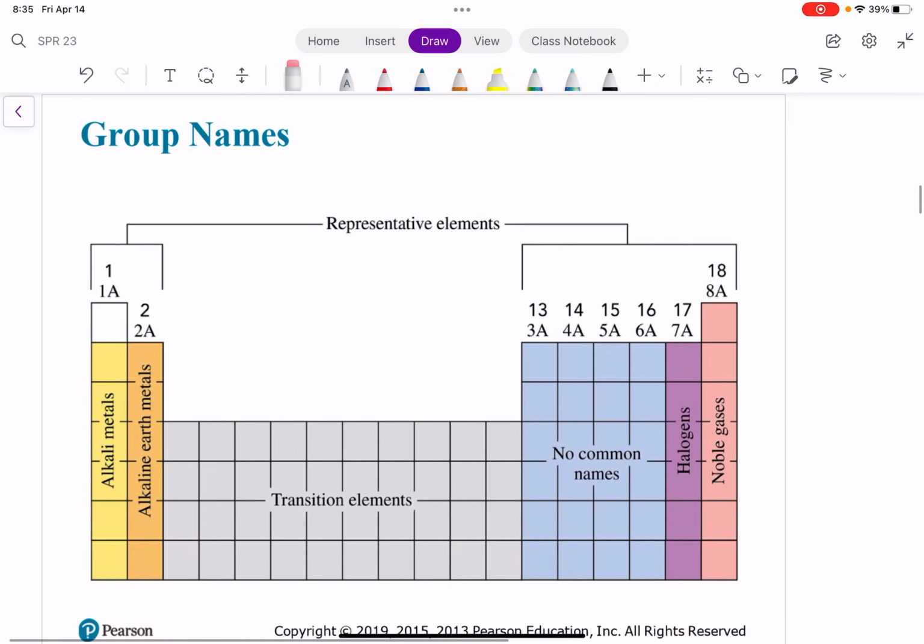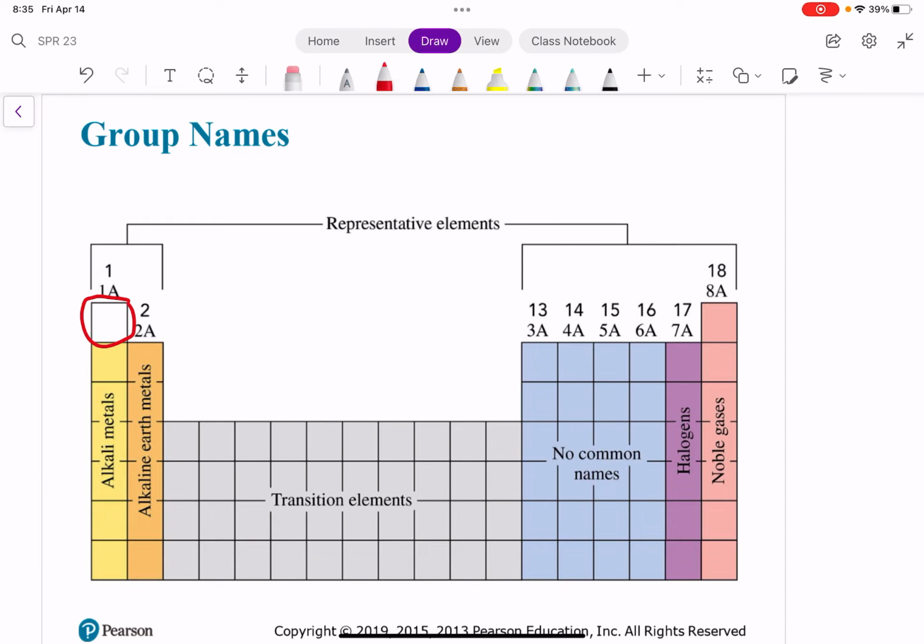Within the periodic table, there are even more ways to categorize the different elements. One of the ways we do that is by giving some groups group names. We don't name all of them commonly, but some of them. Up here, hydrogen is kind of a weird one.